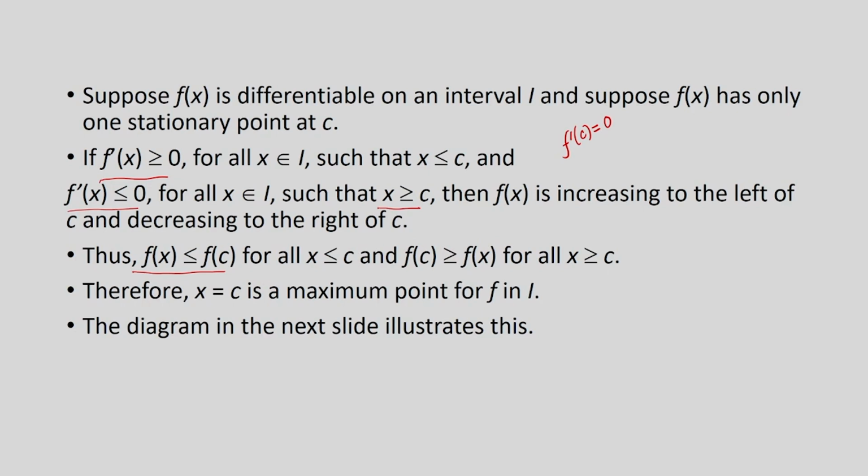So, therefore, x is equal to c is a maximum point for f in I. So, this is important. So, if these conditions are satisfied, then actually you can get a maximum point at c. So, this is a kind of test for finding a maximum point, and here is the diagrammatic example.